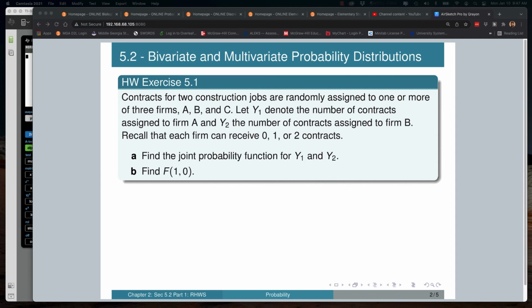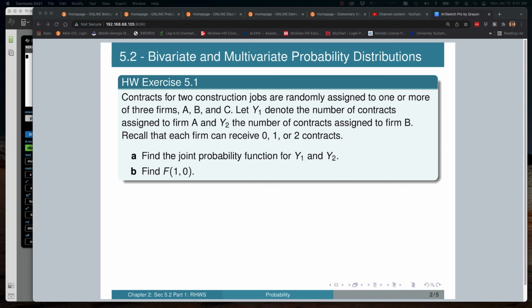It says find the joint probability function for Y sub 1 and Y sub 2. This is going to be very similar to one we did in the lecture last time, so we just need to go from there. Firms A, B, or C can be chosen, so out of these three, we have to assign two contracts.